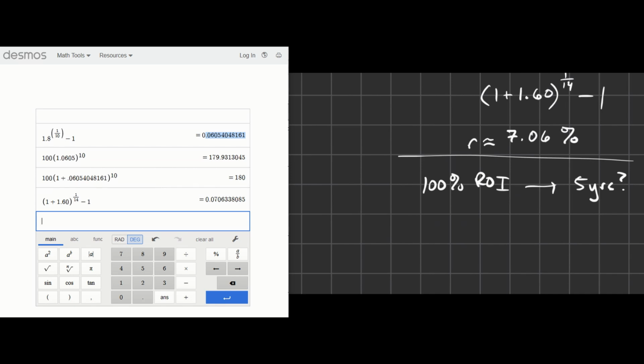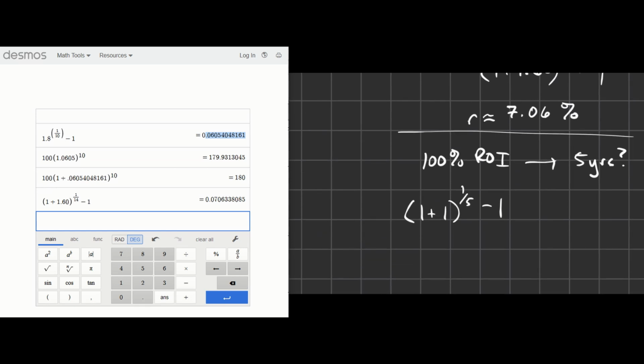Is there a way to do that easily? Well, you could just plug this in, say 1 plus 100%, so that's 1 plus 1, and we want to do this over 5 years. So what rate of return would I need to get every year so that after it compounds, it will double in 5 years? And I suspect this will be a pretty good size return.